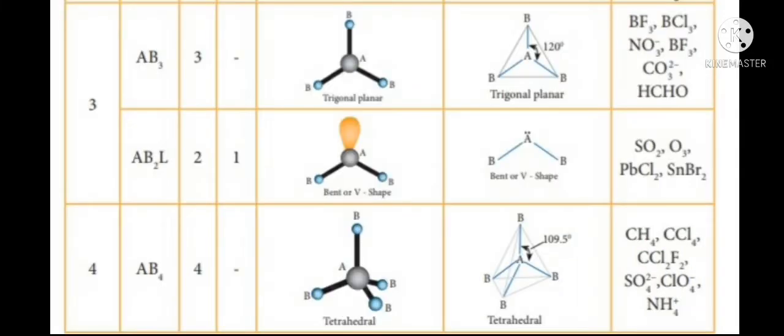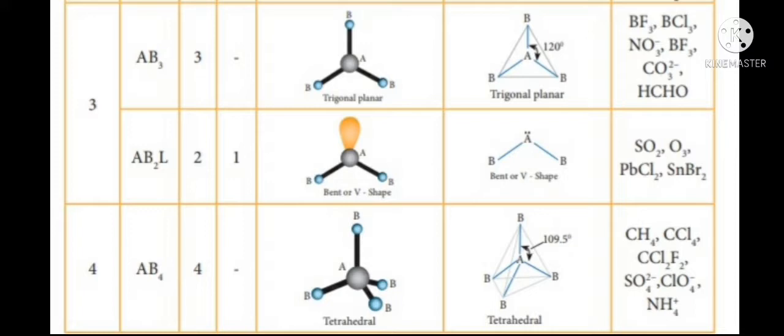Next, we will discuss number of electron pairs equal to 3. The molecule with the formula AB3 contains 3 bond pair electrons and there are no lone pair electrons. This molecule contains 3 AB bonds.